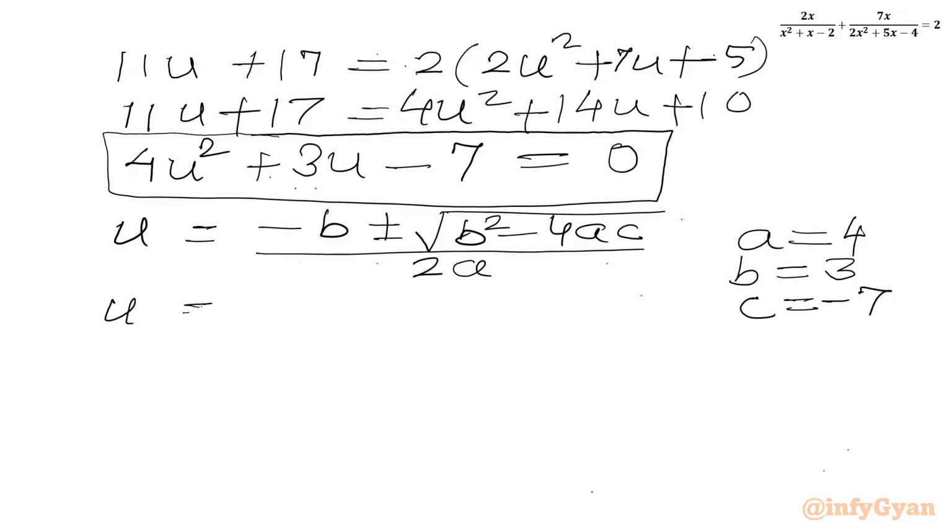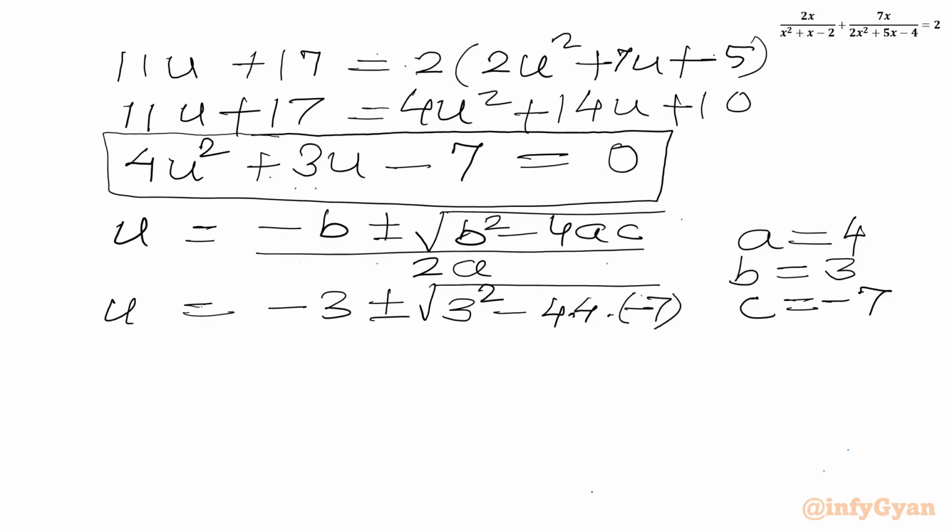Let us plug in the values. Minus b, so I will write minus 3 plus minus square root of 3 square minus 4 times c is negative 7, over 2 times 4.